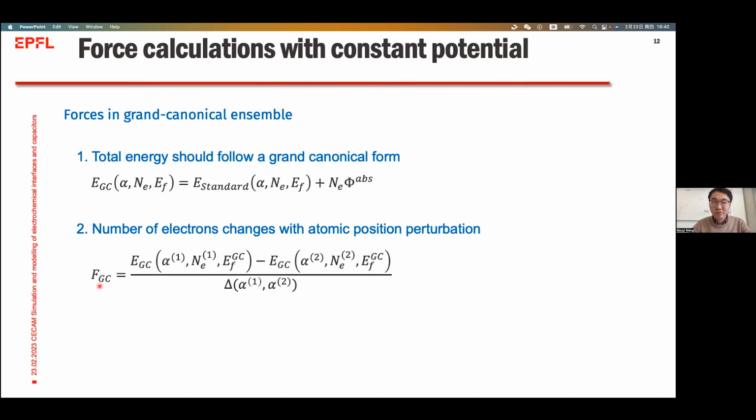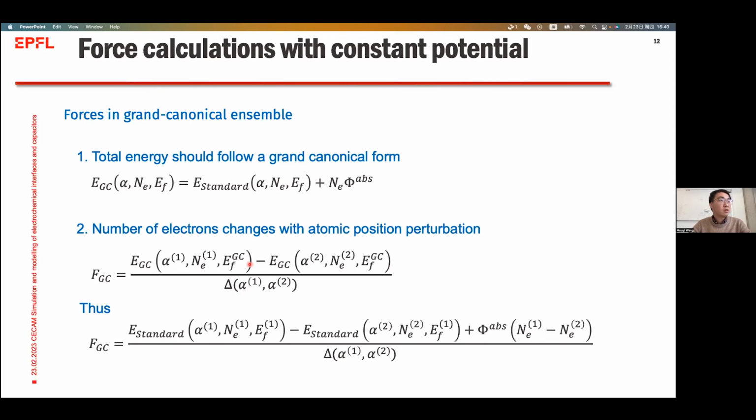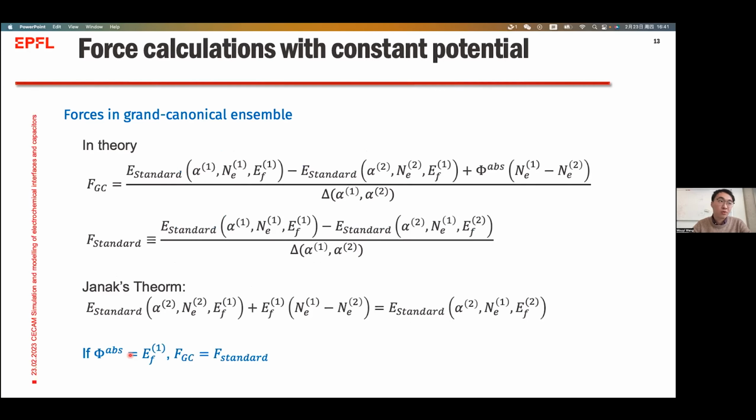For the grand canonical force, by definition, we have two structures, alpha 1 and alpha 2, with two different numbers of electrons, Ne1 and Ne2. The grand canonical force can be defined in this way, and if we combine these two equations, we can use the total energy of standard DFT to express this grand canonical force.